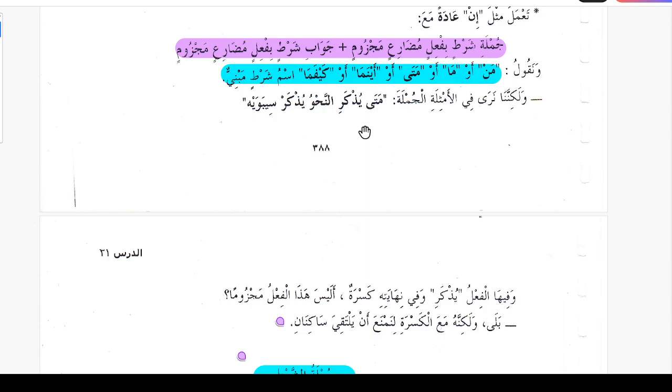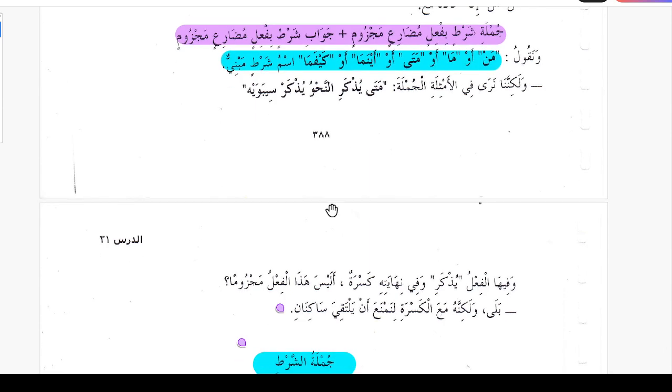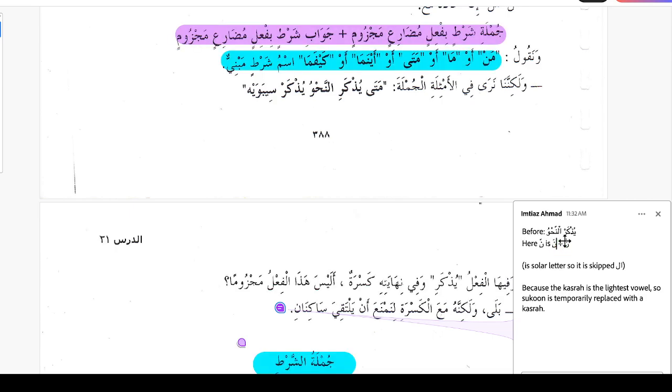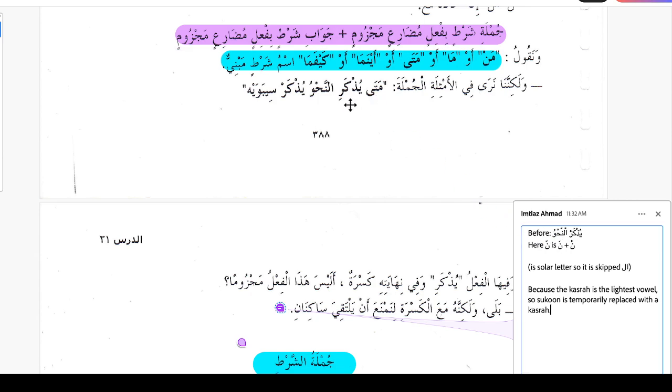In Arabic, two sukoons are not possible, because with two sukoons we cannot pronounce a word, so that is why the kasra was used. Here, if we say this is majzoom, then we put the sukoon here and say yuskar, and then the doubling of the noun is like two nouns.